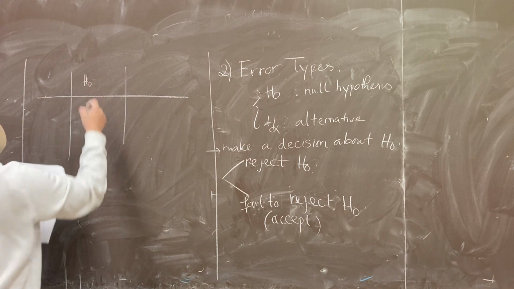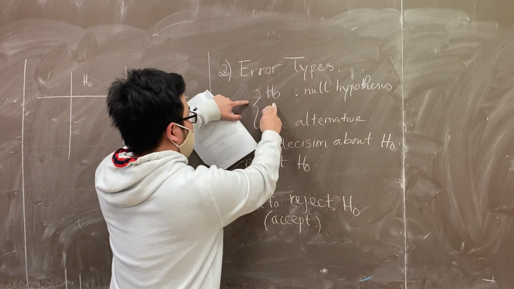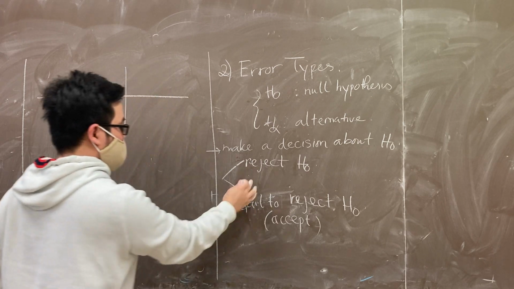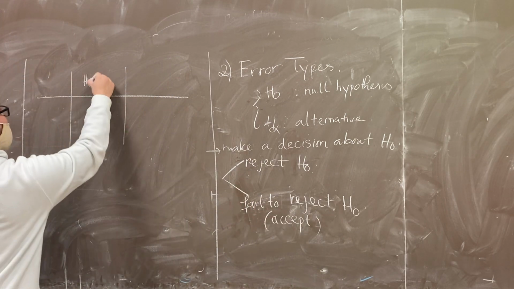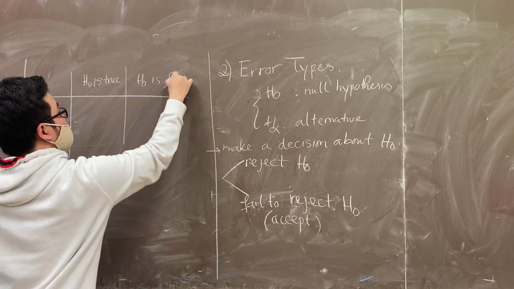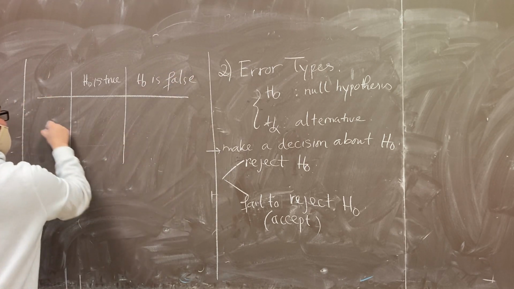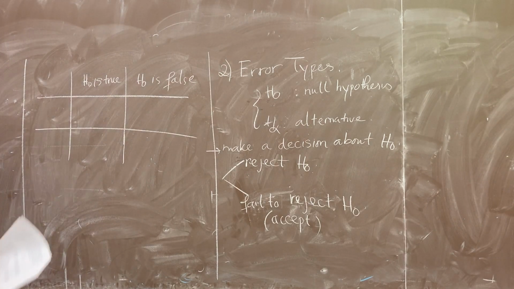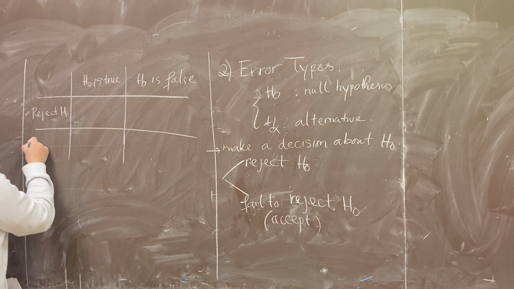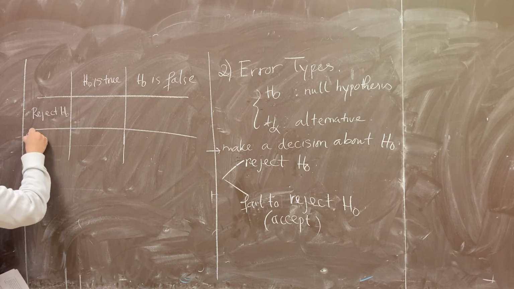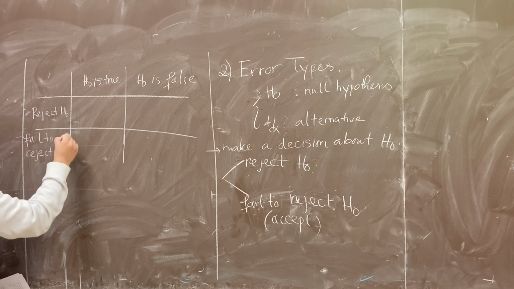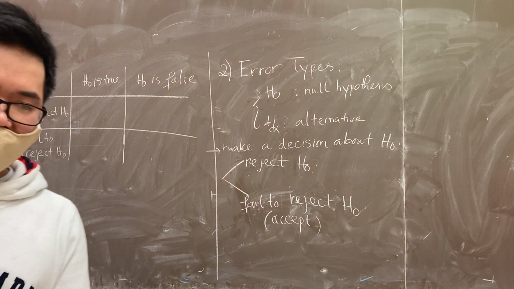It depends on the case of H0, you will make the decision about H0: reject H0 or fail to reject H0, when H0 is true and when H0 is false. So we have two cases: the first one we reject H0, and the second one we accept or fail to reject H0.